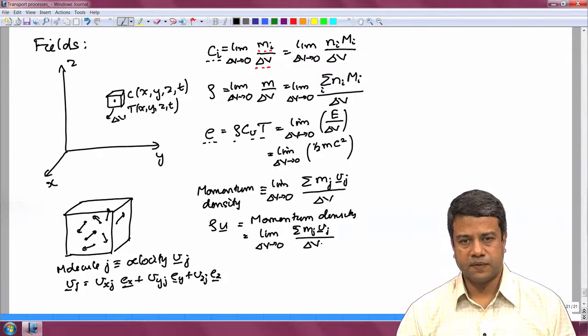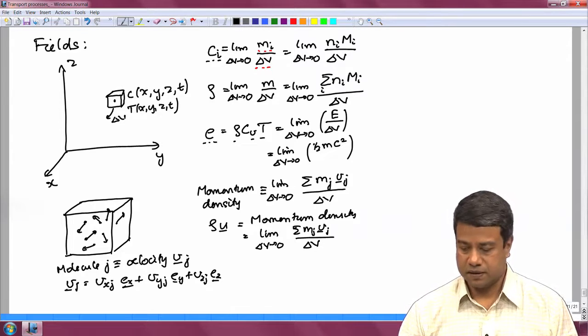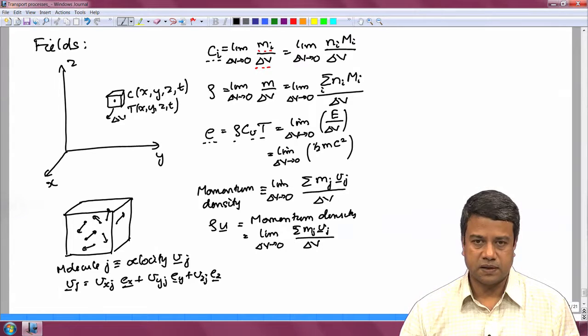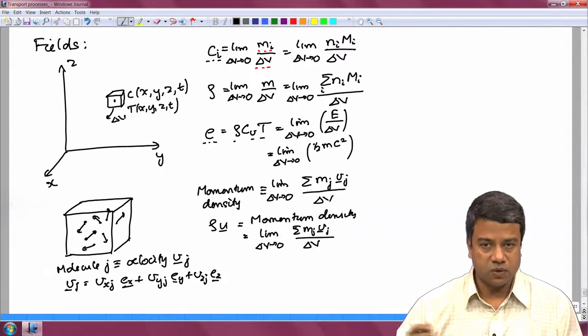Okay. So, that is the definition of the momentum density and the definition of the mean velocity. So, the mean velocity is defined through the momentum density.